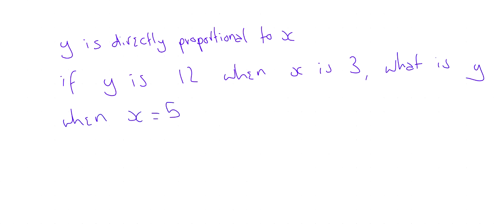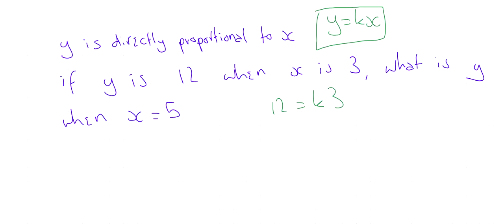So what I'm going to do is set this up as an equation. Direct proportion is y equals k times x. Okay, so this is our formula for direct proportion. I know that when y is 12, x is 3. So now I can find k. What's k?